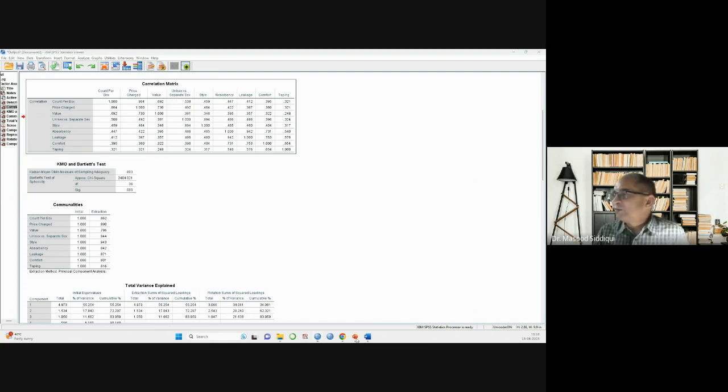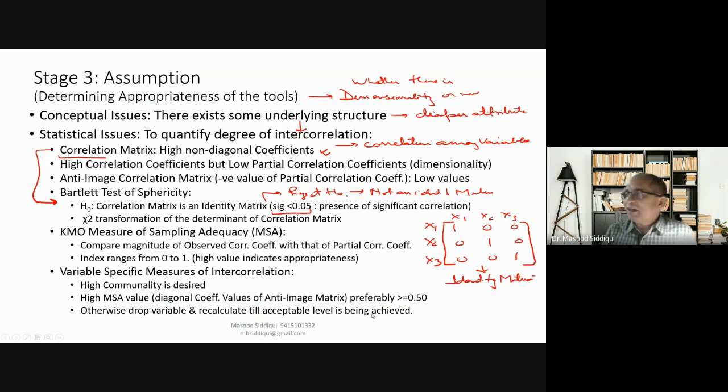So as per the output, the p-value is 0.000, which is less than 0.05, so we reject H naught. Rejecting means the correlation matrix is not an identity matrix. There is substantial correlation among variables. So we can say that our data is appropriate for PCA.